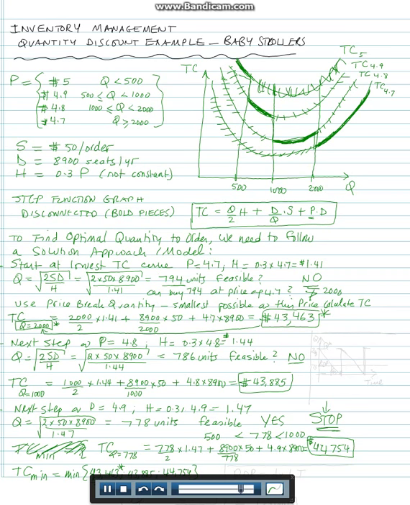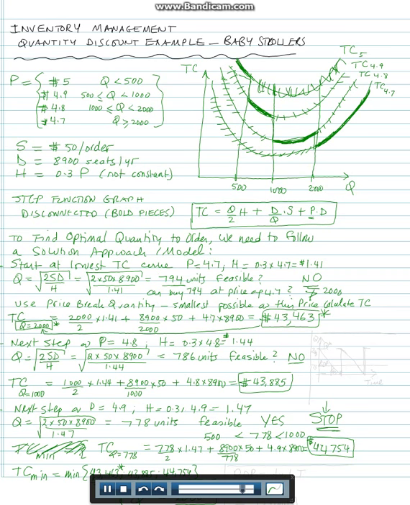That makes 2,000 the optimal Q to order. So every time I place an order for seeds, I should be ordering 2,000 seeds. If I do that, then I minimize my total annual inventory cost of holding, ordering, and purchasing. Any quantity I order more or less than 2,000 will increase my total cost.